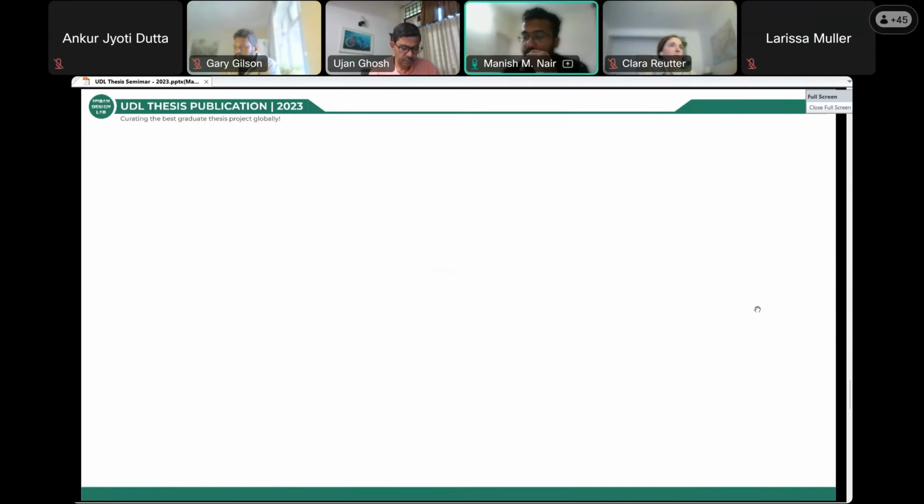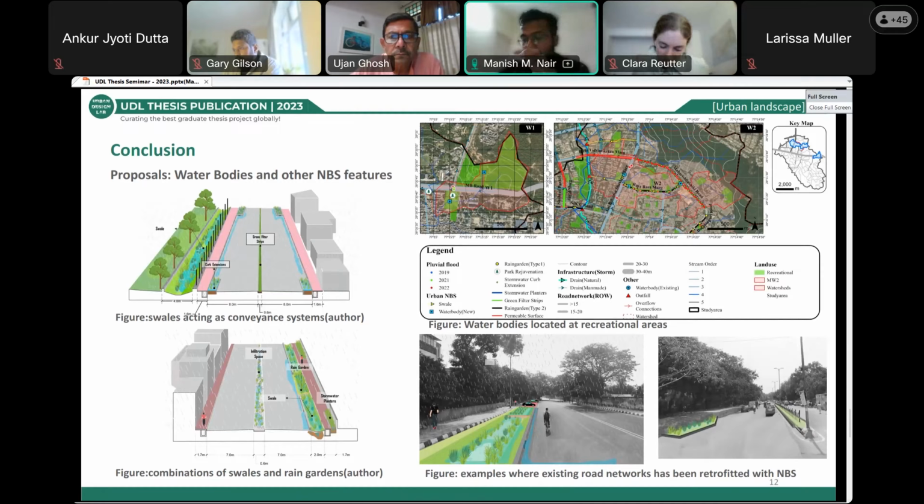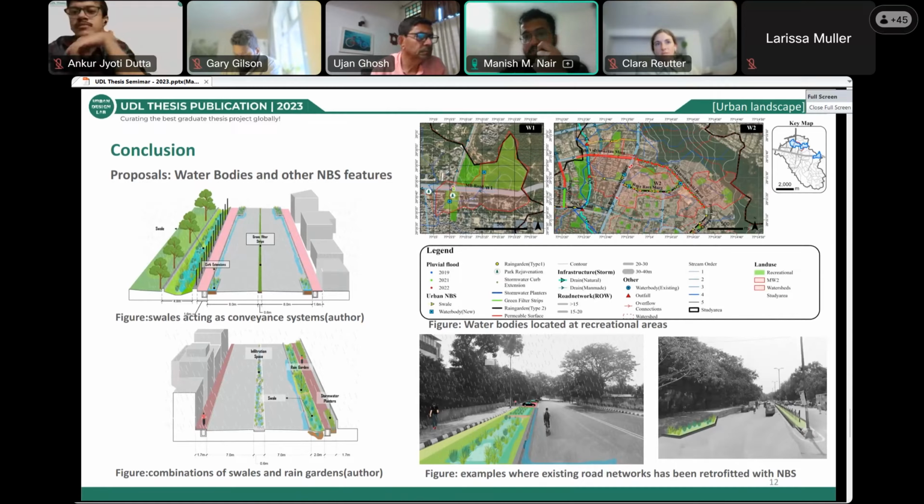Now, water bodies were also placed, and recreational areas like parks belonging to the government were selected. Now, this will increase overall stormwater collection and the bioretention capacity of such parks too. Some images show how it will work after retrofitting it into the existing infrastructure.